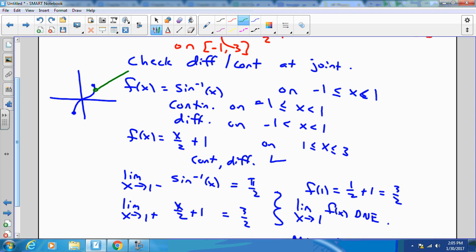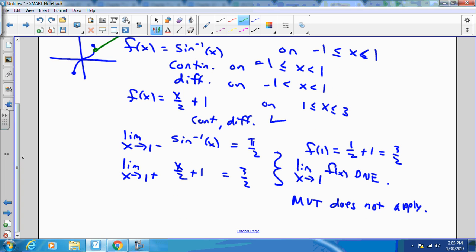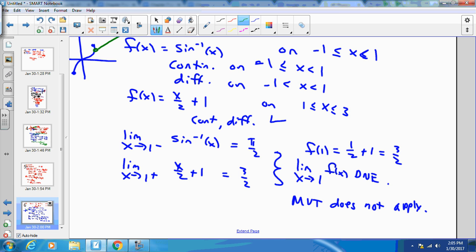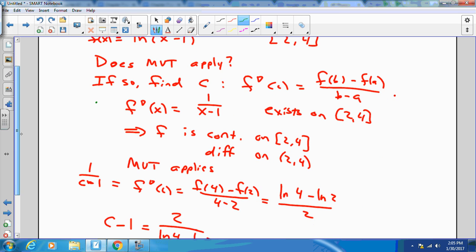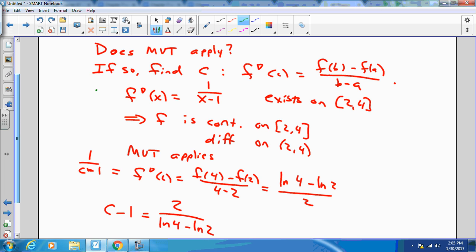Okay, how are we doing? Now I want you to notice, just briefly, that here I took a different approach. I checked continuity at the joint first, whereas back here with this one, I checked differentiability first because the differentiability gave me continuity automatically. What's the strategy? The strategy is to use the most efficient method to get the information that you want.